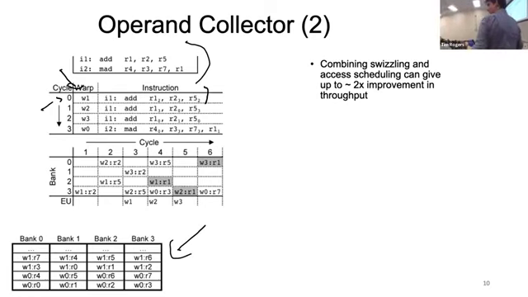Any guesses as to why in this example? So in cycle 0, I issued an instruction where I would read from which 2 banks? Are you following me at least that far? 3 and 2, okay? Because R2 is in bank 3, R5 is in bank 2. But then if I look at my diagram of what happens across the banks on each cycle, I'm only reading from 1. Why do you think that might be?